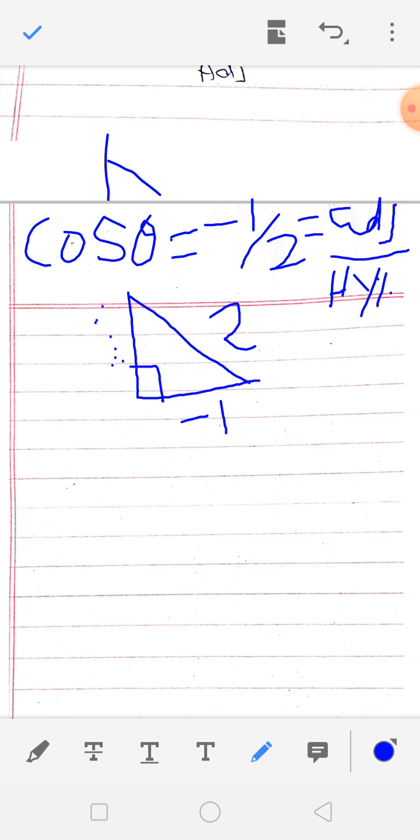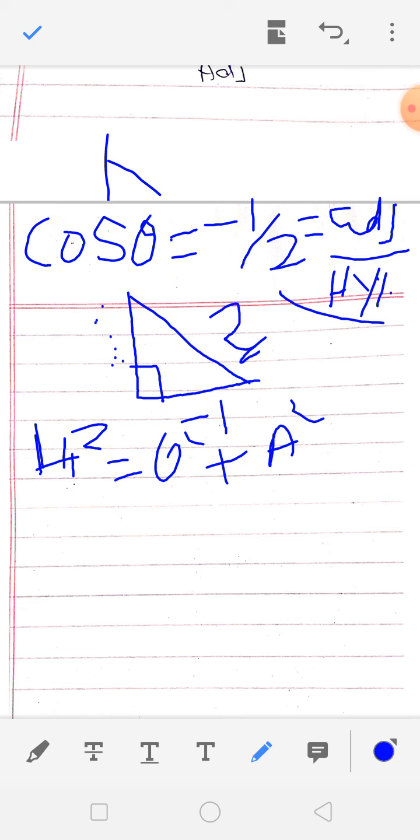Okay. So what is the formula? Hypotenuse square is equal to opposite square plus adjacent square, correct? So what is the hypotenuse value? Hypotenuse value is equal to 2. So 2 square is 4, equal to opposite square, which we don't know and have to find out, plus adjacent square, minus 1 whole square.